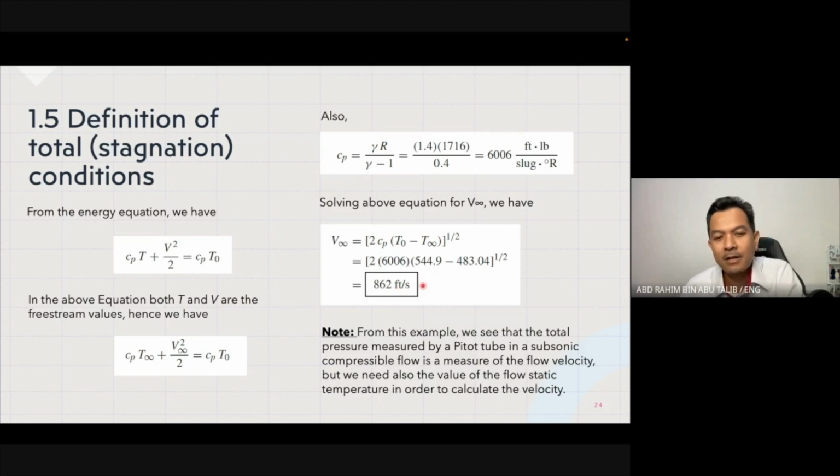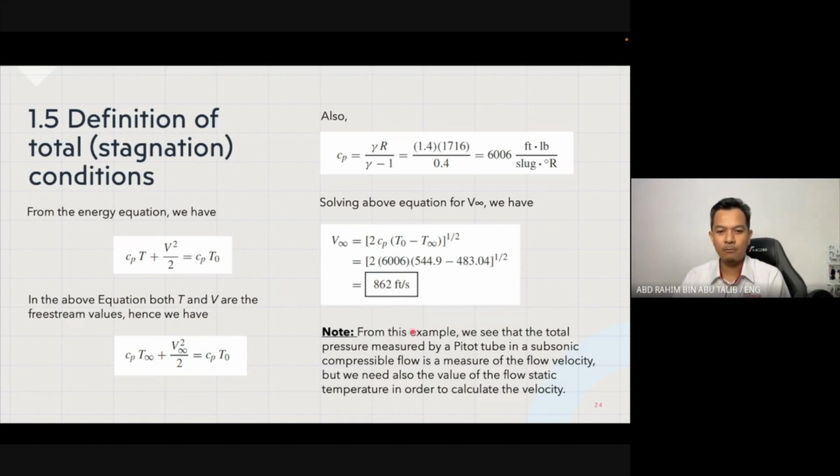You can try this example yourself using the metric information: put in the SI values for velocity, pressure and temperature, and if you convert back, you will get the same value.